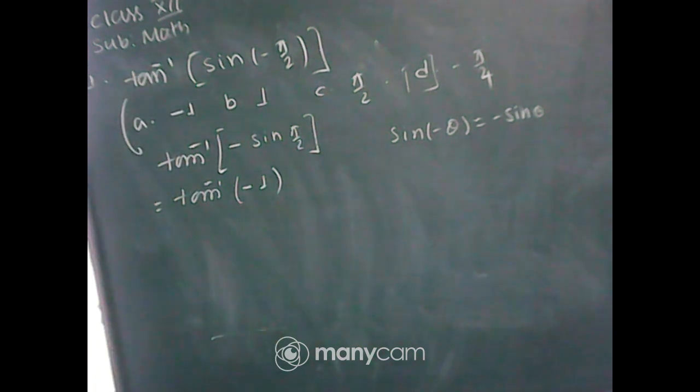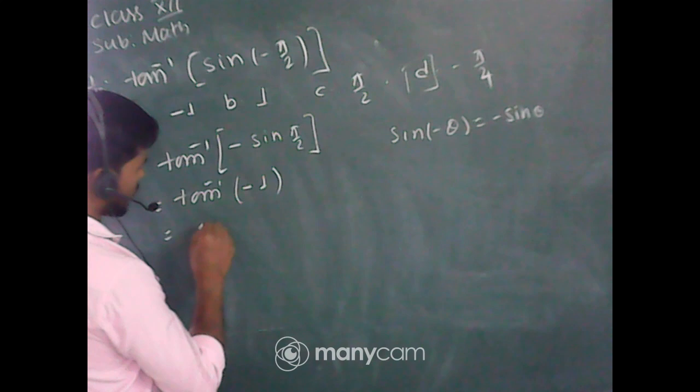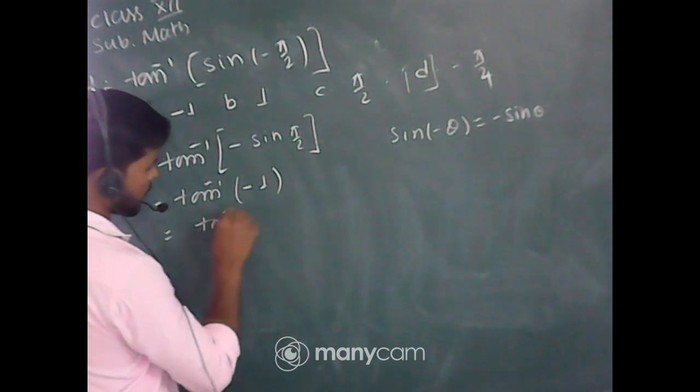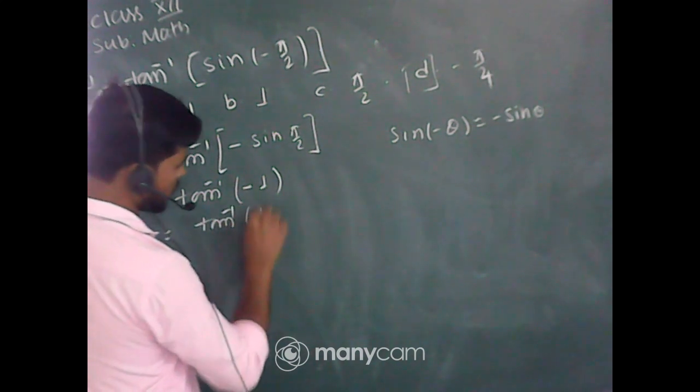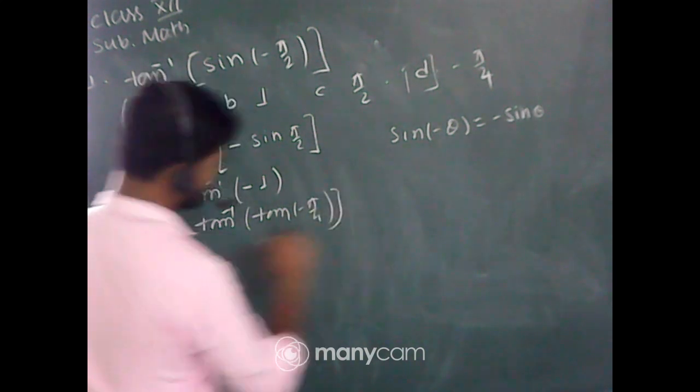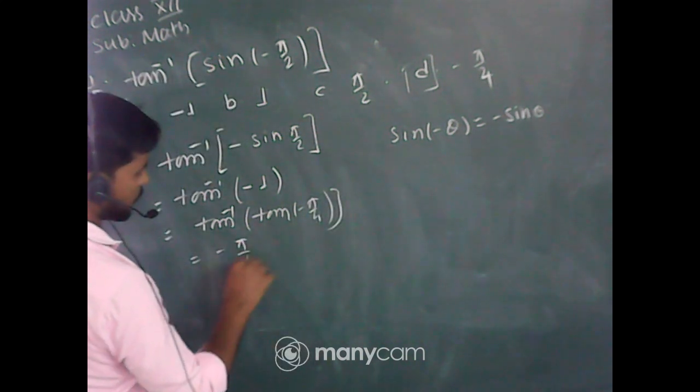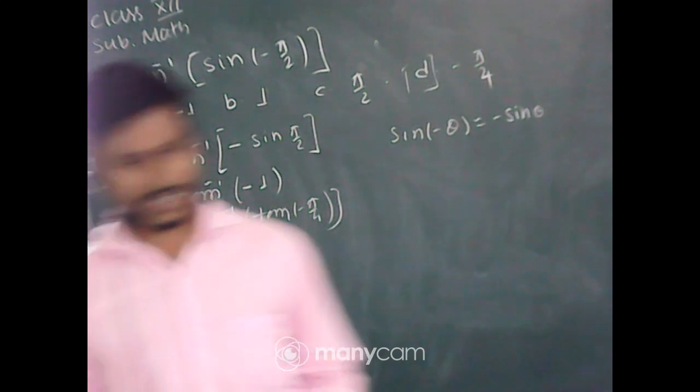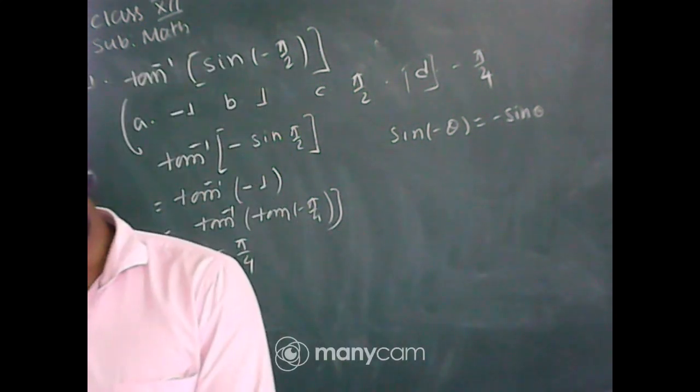So tan inverse of minus 1. Okay, that means the value is tan inverse of tan of minus pi by 4. That means minus pi by 4, because the range of tan inverse is within the same interval as sine inverse.